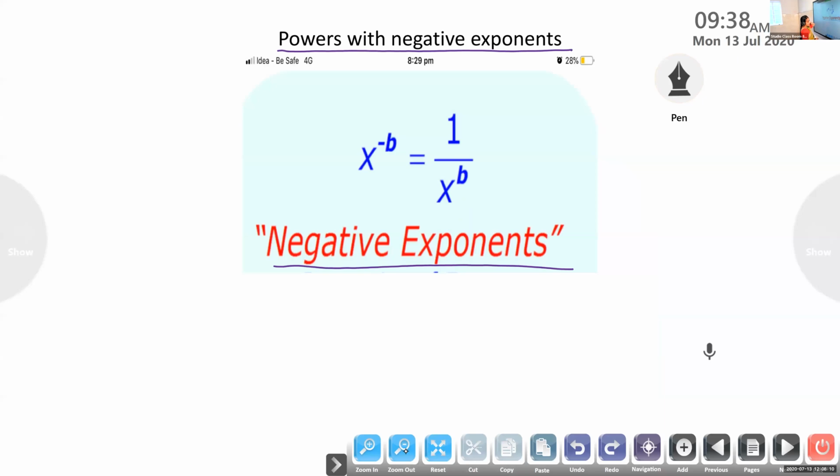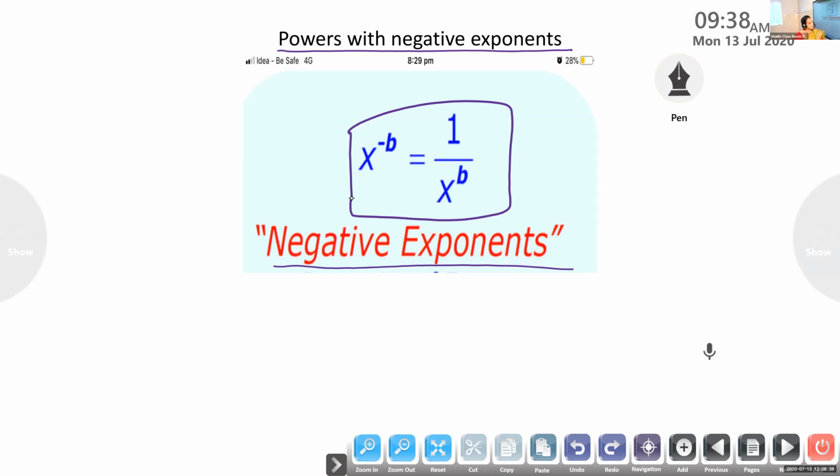First write x raised to minus b. Write this formula: x raised to minus b equals 1 divided by x raised to b.